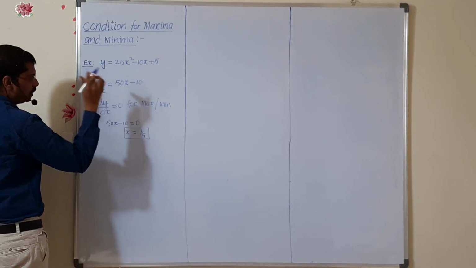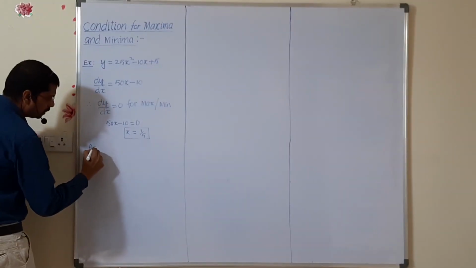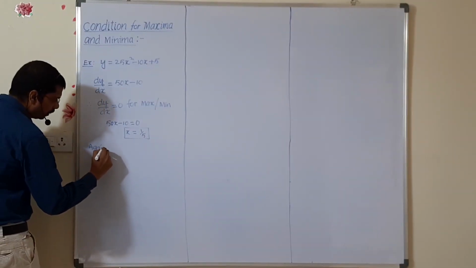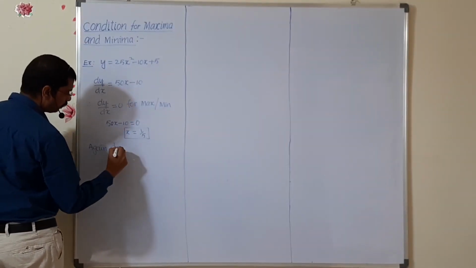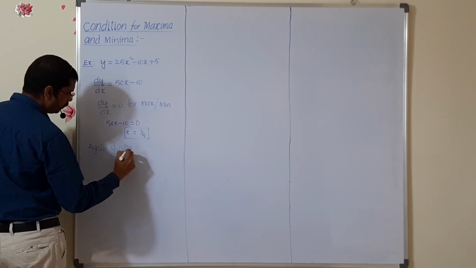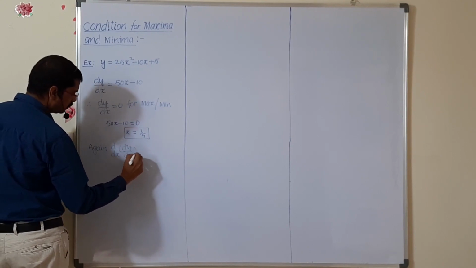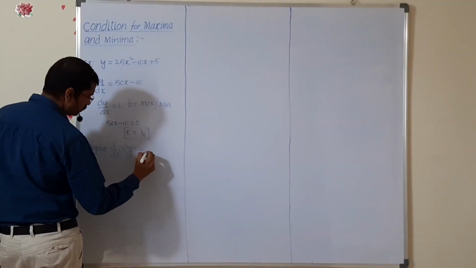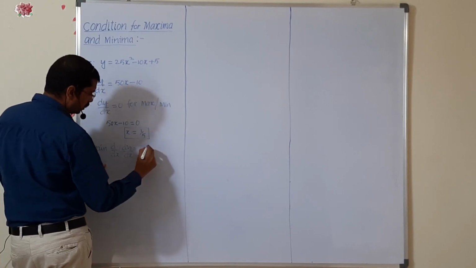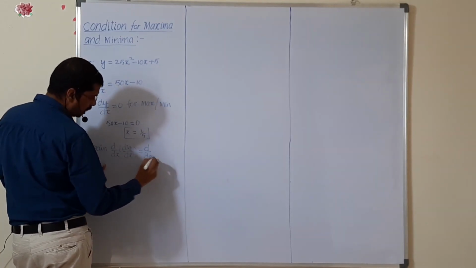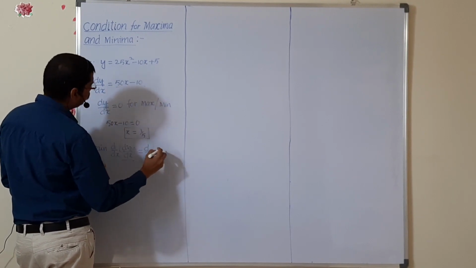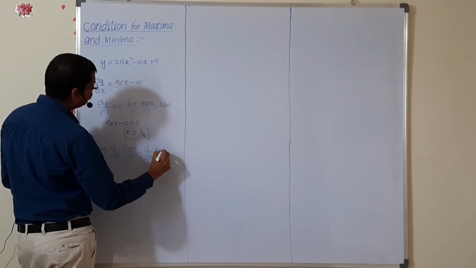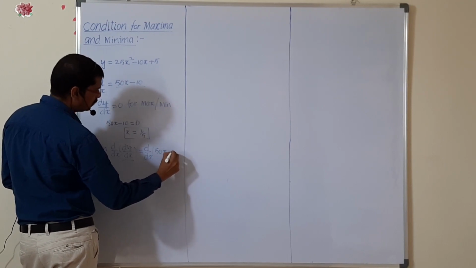Again, what do we have to do? Again, we have to differentiate this value. Again differentiation, d upon dx of dy upon dx. The equation we got is 50x minus 10.